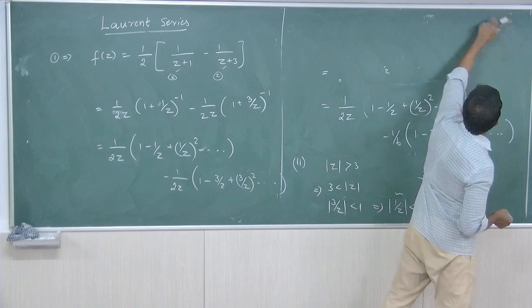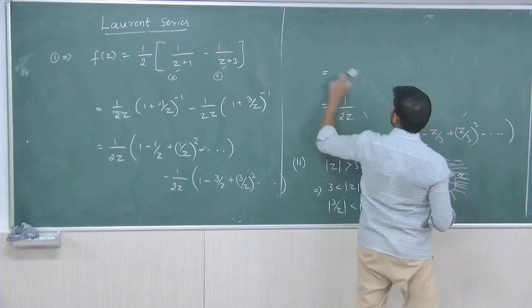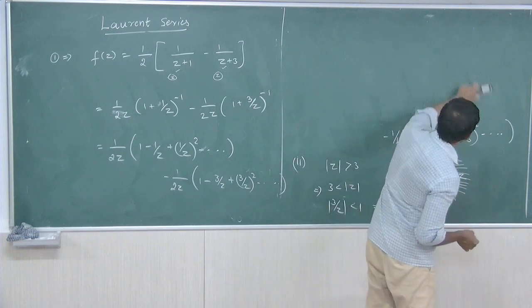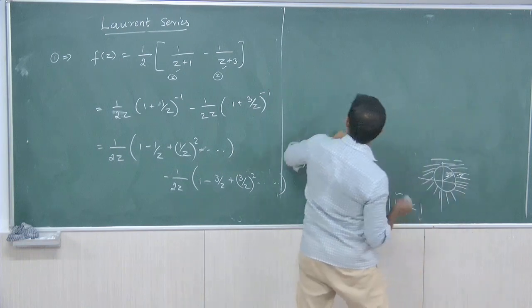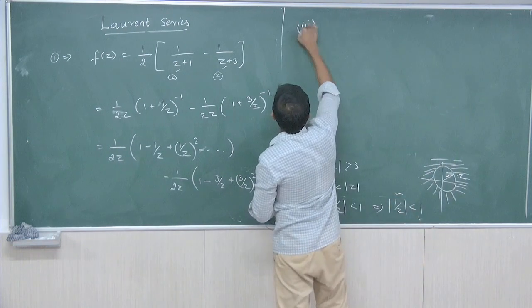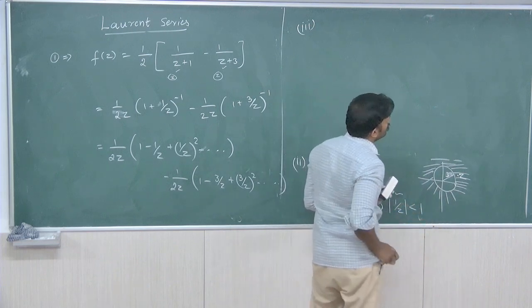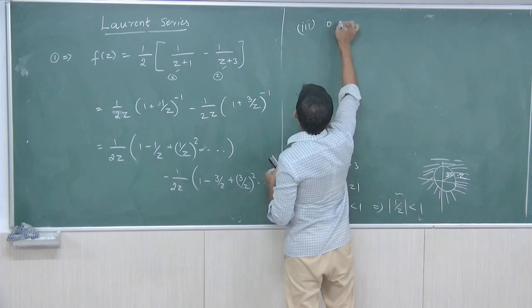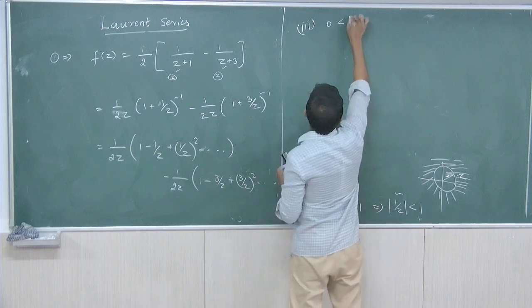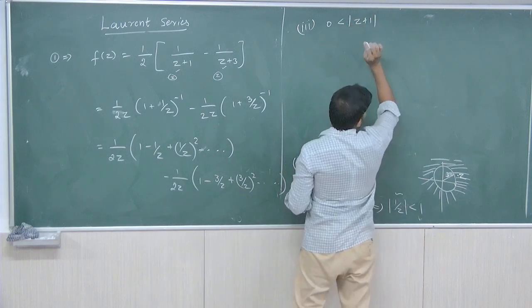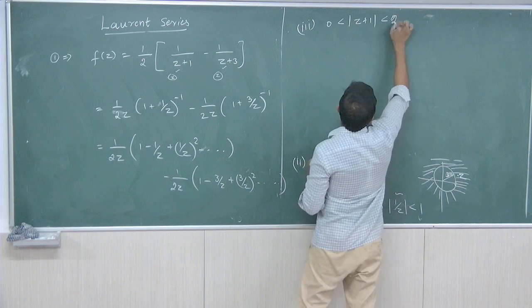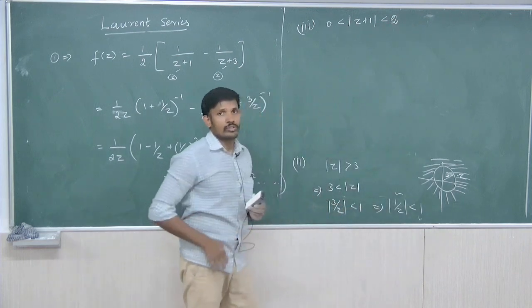Next region is, what is the next region? Zero less than modulus z plus 1 less than 2.